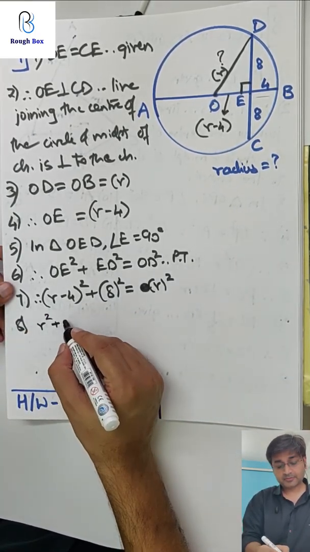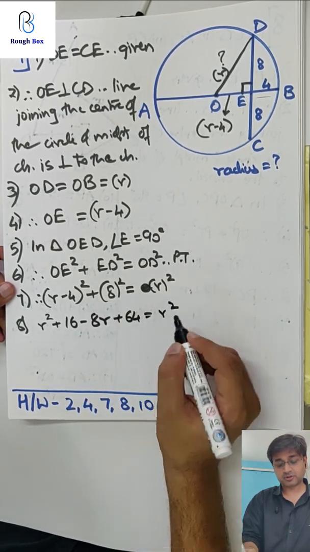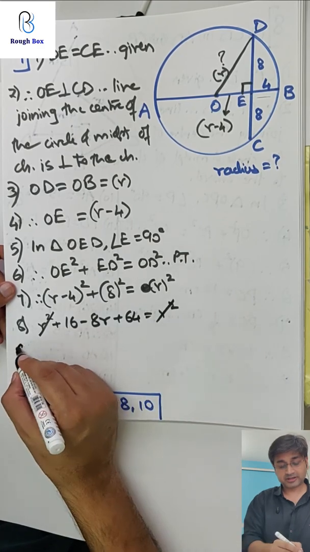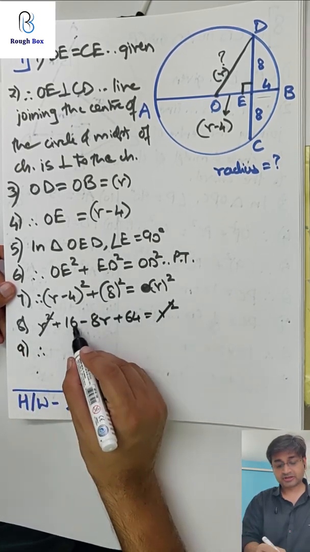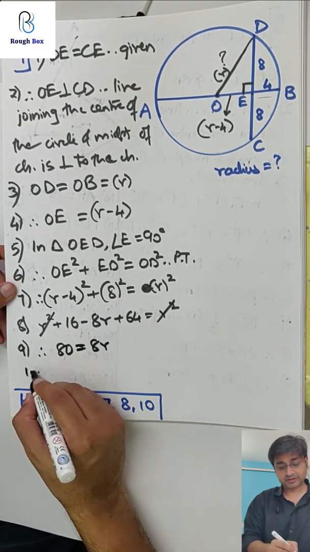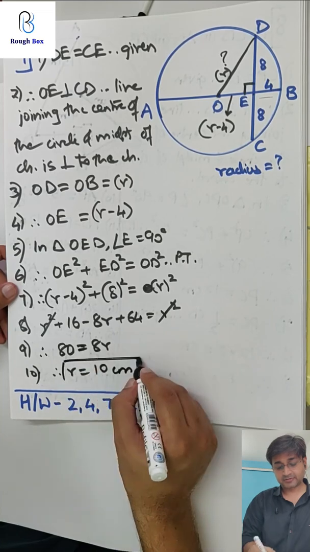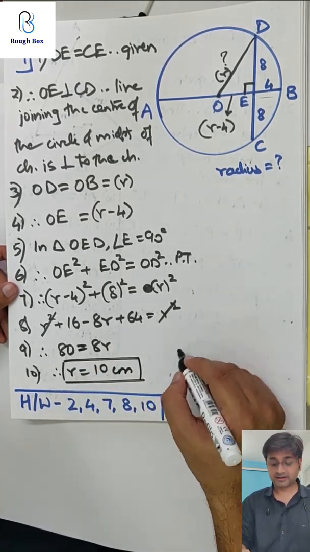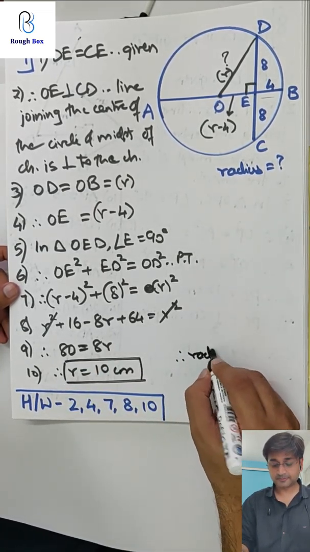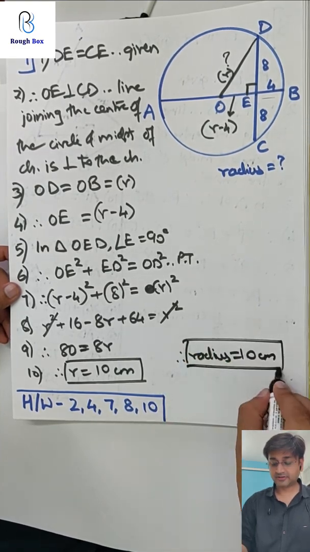R square plus 16 minus 8R plus 64 equals R square. R square gets cancelled. 64, 70, 80. 8R goes on the other side, becomes positive. So last step, R is equal to 10 centimeters. The question is find the radius. So say therefore radius is equal to 10 centimeters.